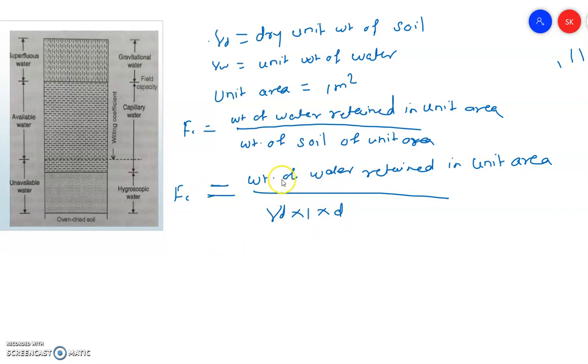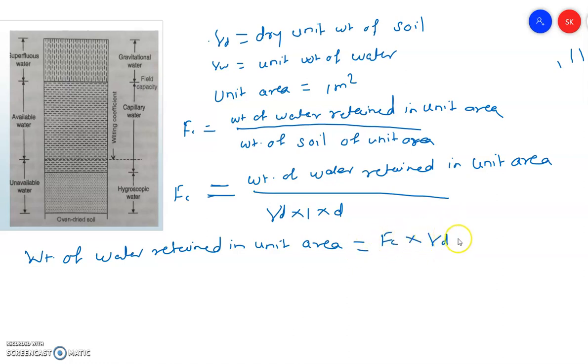Taking the terms to the other side, finally the weight of the water retained in unit area is equal to Fc into gamma d into 1 into d, where Fc is the field capacity.